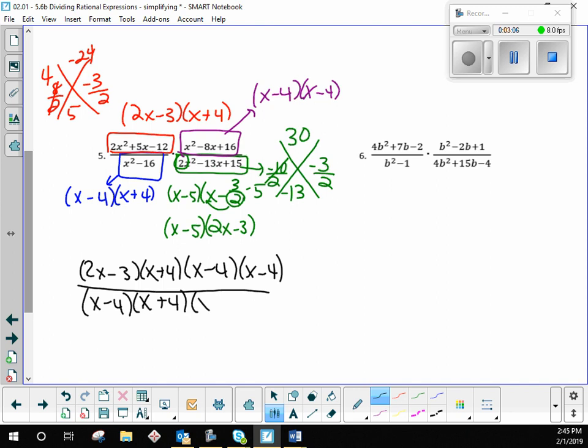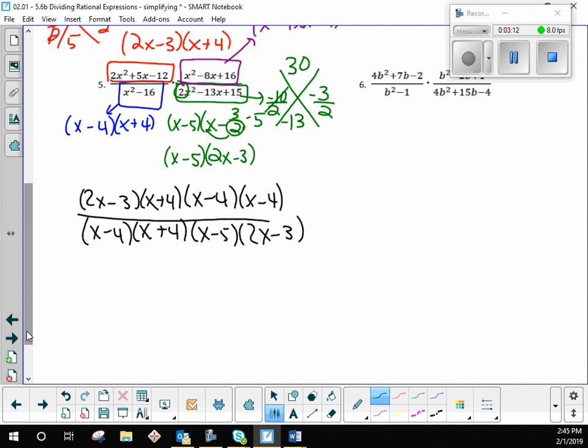And the green stuff is x minus 5 and x minus 3. And here's where we cancel. Here's where I go, give me one. Give me a factor that cancels. 2x minus 3. ¿Qué más? And x minus 4. X plus 4. So that leaves me with x minus 4 on top and x minus 5 on bottom.